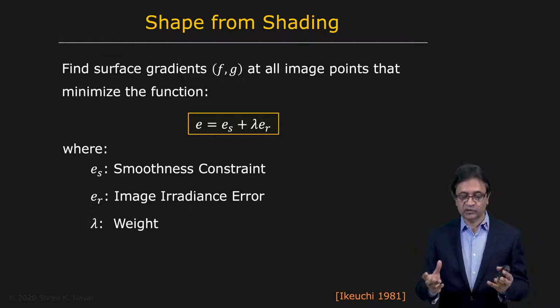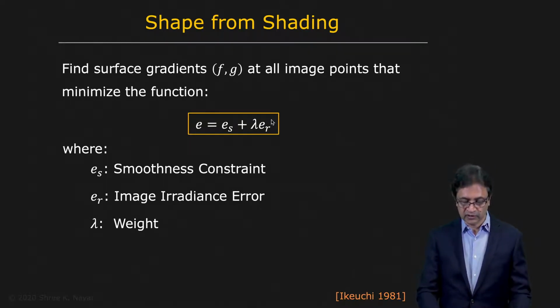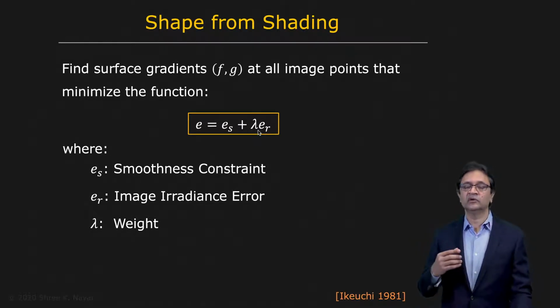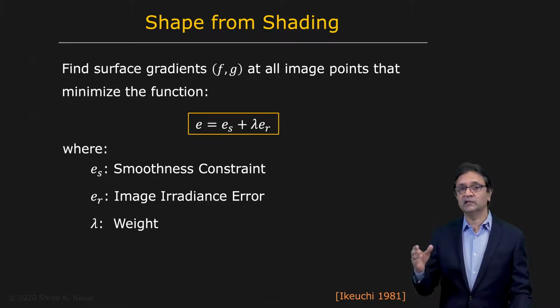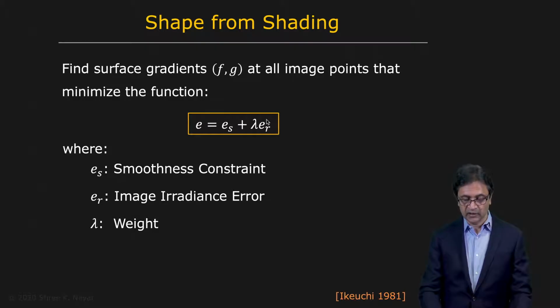So we have these two terms, Es and Er, and we can weight them using a constant lambda right here. Lambda is useful because if our image intensity measurements are very accurate, let's say it's a noise-free sensor, and you get very good measurements of image intensity, then you're going to give more weight perhaps to your image irradiance constraint, which is Er.